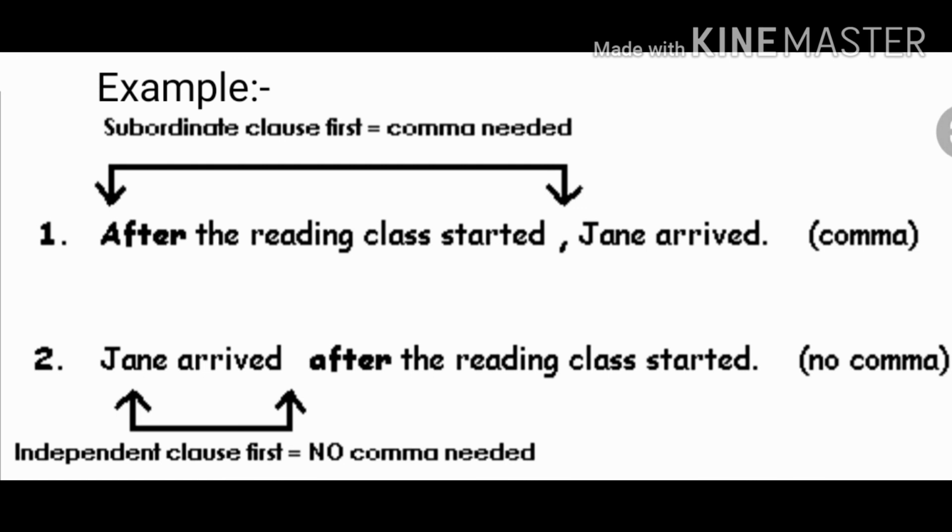If we are using an independent clause or main clause at the start, we don't use any comma, but if we are using a subordinate clause at the start, we need a comma to separate the main clause.